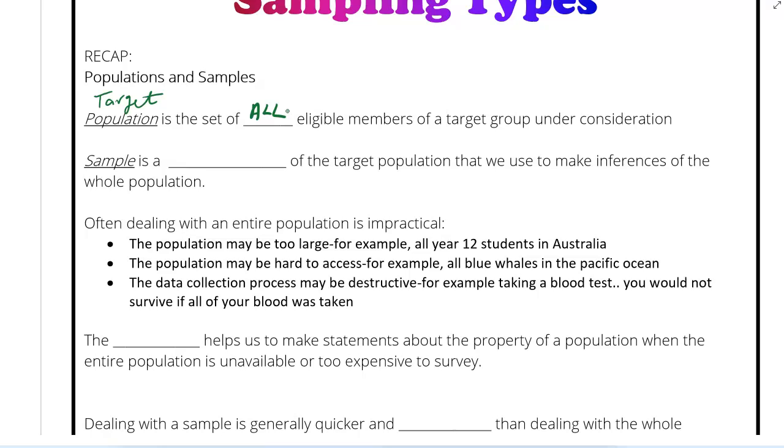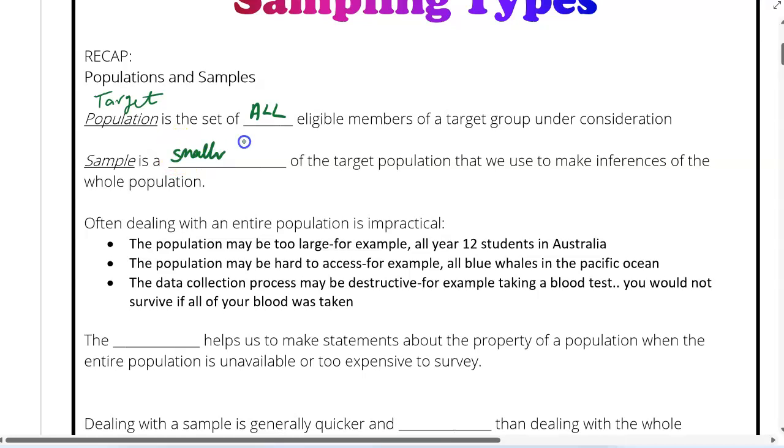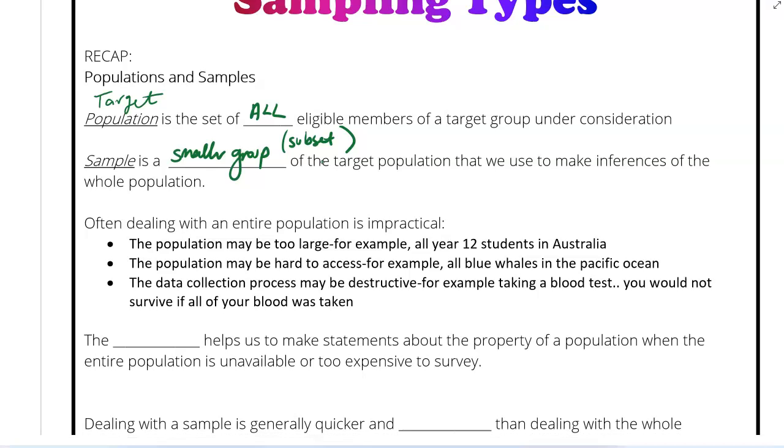So the sample is a smaller group of the target population. Sometimes we call that a subset. It's a smaller group of the target population that we use to make inferences about the whole population. So it would be reasonable to perhaps survey all the school students.